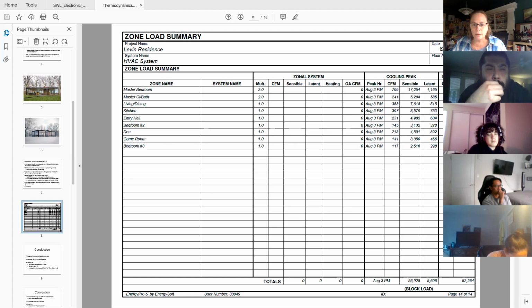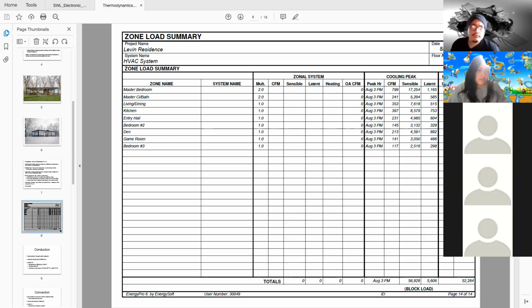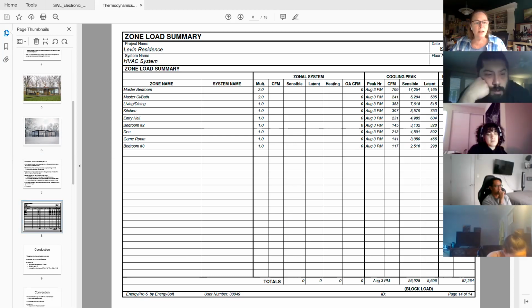I was raised in New England, my formative younger years. In colder climates, oftentimes in the winter, when you're heating a space, you have to add humidity back into the air because it is so dry. In hot, humid climates like Houston, Texas, you want to be dehumidifying and taking moisture out of the air because it's so hot. And that's why they call it relative humidity, because it's relative to what the air temperature is.